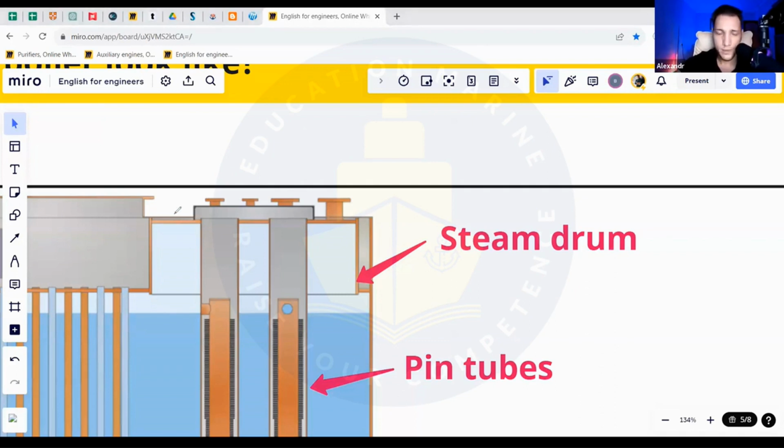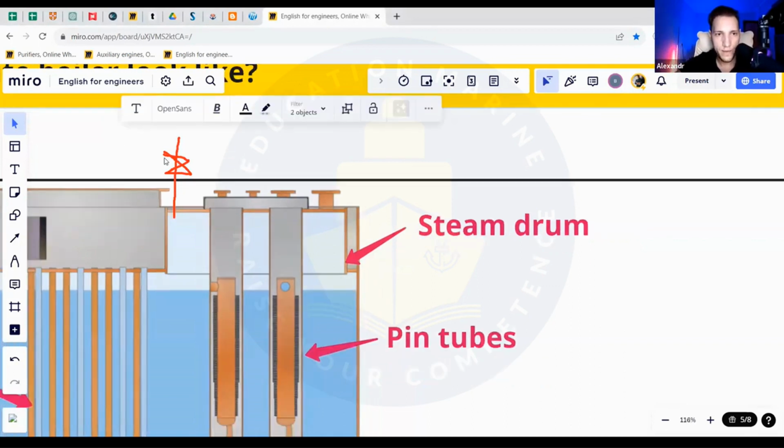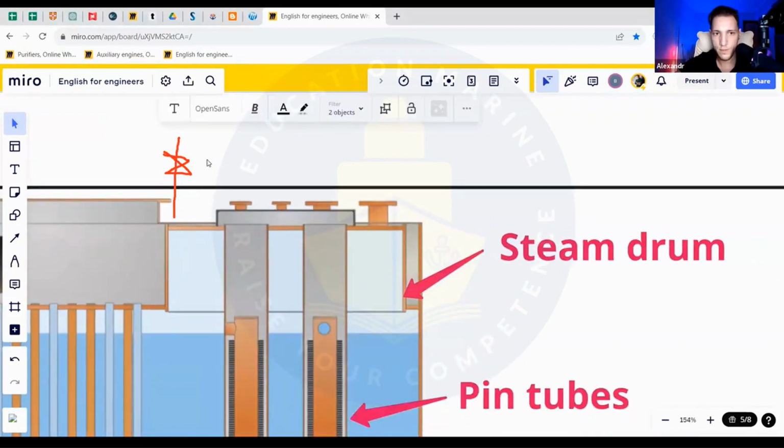Okay, somewhere here, we have an air valve. So why do we need this air valve, and what is it for? When you stop the boiler, you need to understand that there should be no vacuum in our boiler.